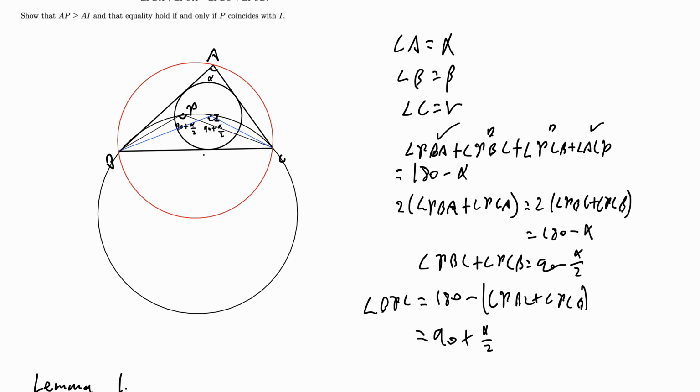AI passes through the midpoint right here. AI passes through the midpoint, let's call it M, because midpoint M.